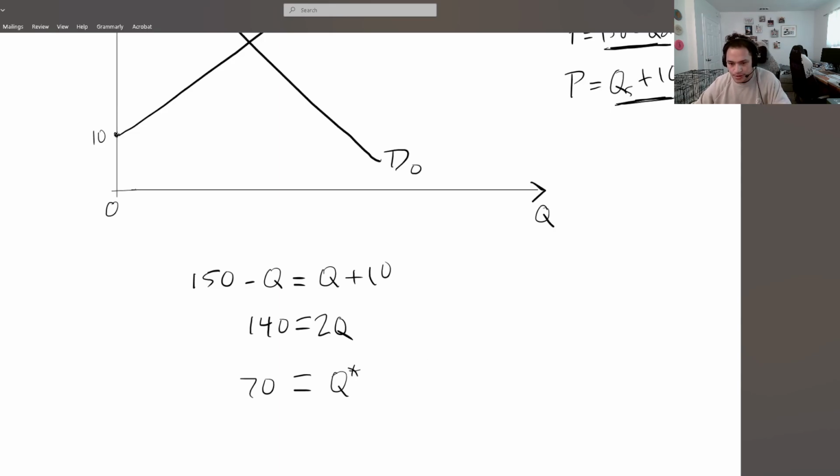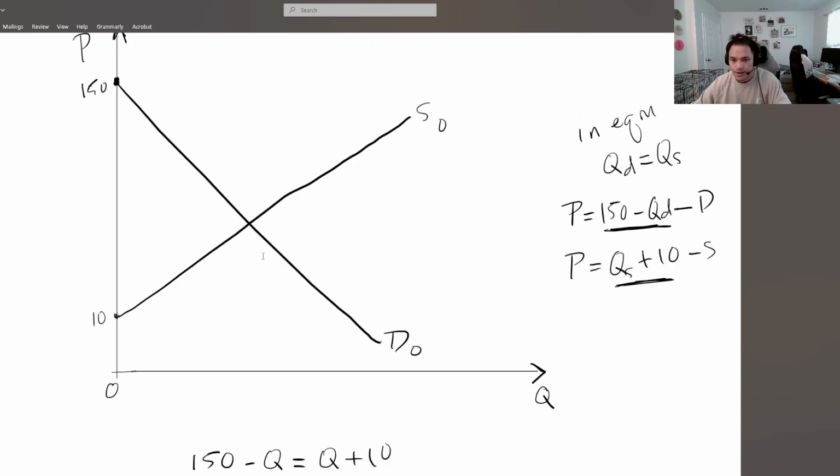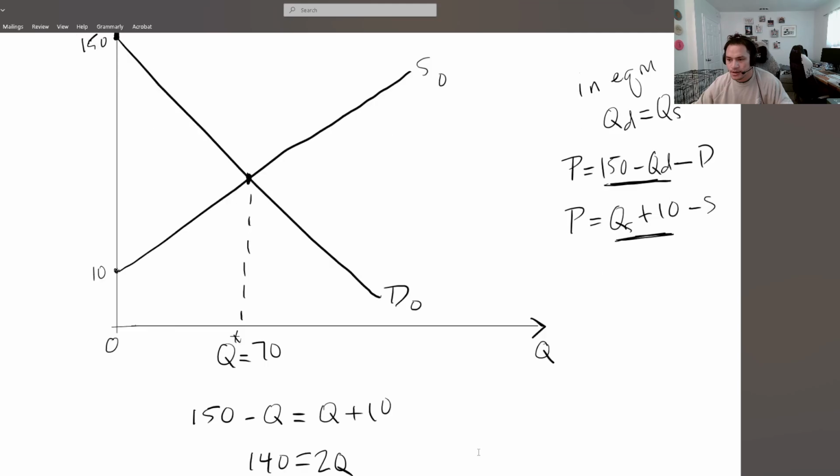Once we get our Q star, I want to put that piece of information into my figure, same thing that we've been working with throughout the semester. Now we just have some functional forms to ground our work. So I have my Q star equal to 70, and in order to get my P star, remember our inverse functions are written in terms of P, so all I need to do is plug my Q star back in.